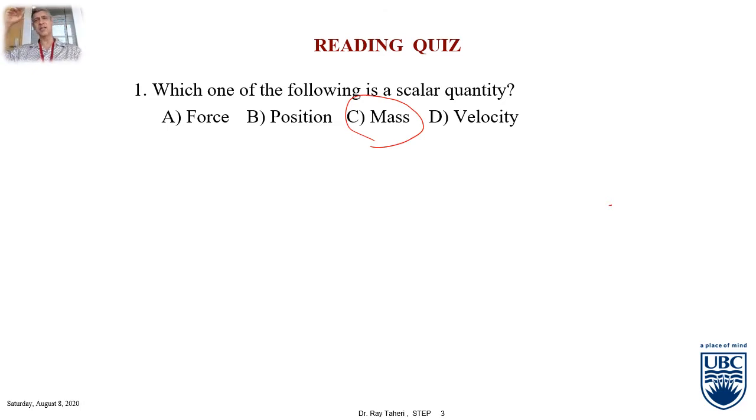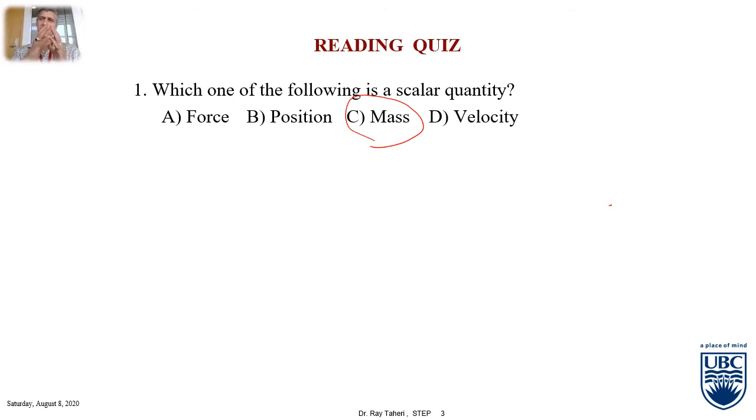Mass versus weight. So again, when I talk about the weight, weight is a vector. And I know outside of the physics, we have weight as a representation of the mass. When you go to the grocery, you get 2 pounds of tomato. In a sense, you measure the weight, but you're referring to the mass.